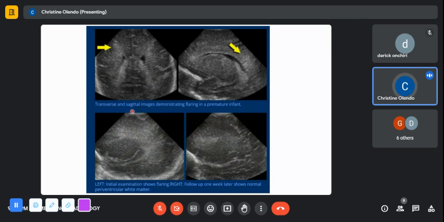But on repeat, you compare the echogenicity with the choroid plexus. It should be the same or more for you to call it. So now these were follow-up scans, and now there's normal white matter. So this was just a case of flaring.